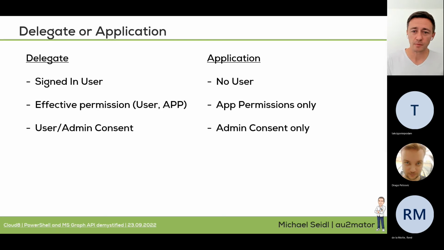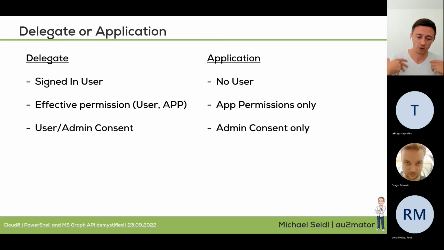Take care about this. The delegated thing is used when a user needs to sign into the Azure cloud and wants to use the API. Then the user permission is used to do anything in the cloud, not the app permission.